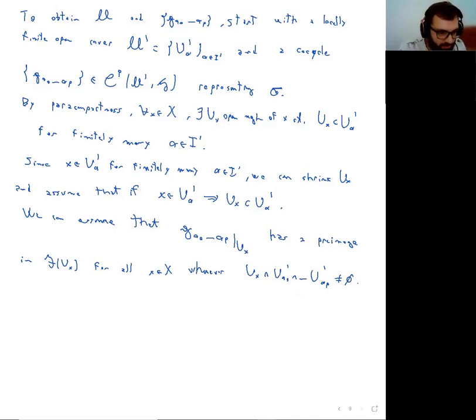Okay, now we proceed a bit as we did already. So we choose a map phi from X to I, such that x is contained in U prime of this image, for every x in X. Okay.